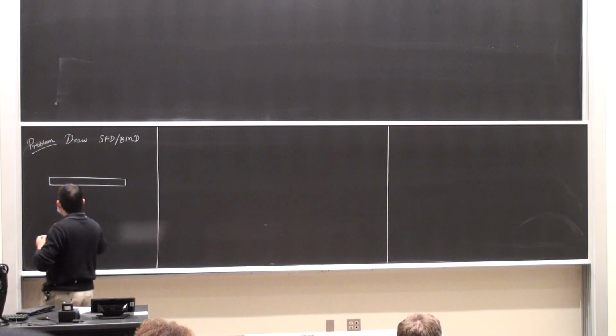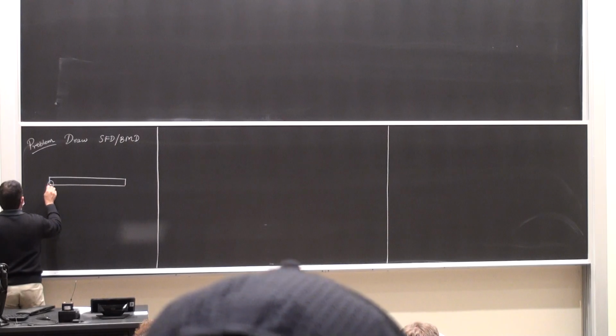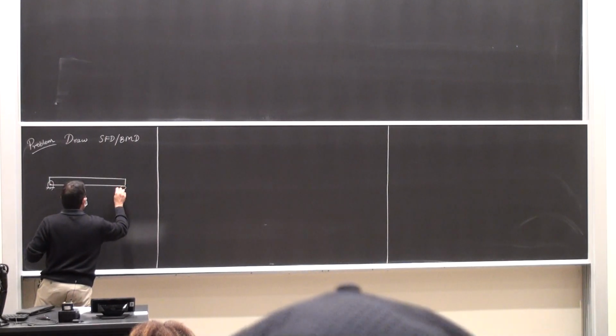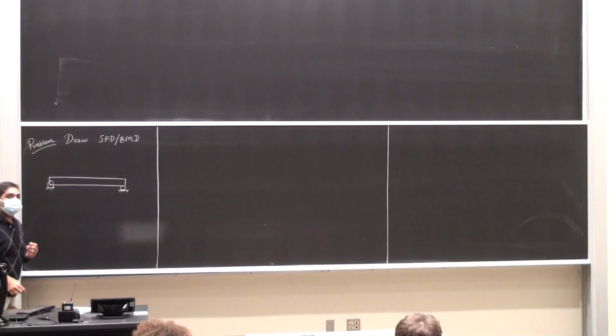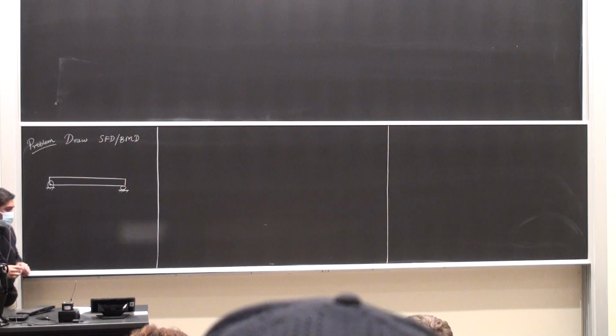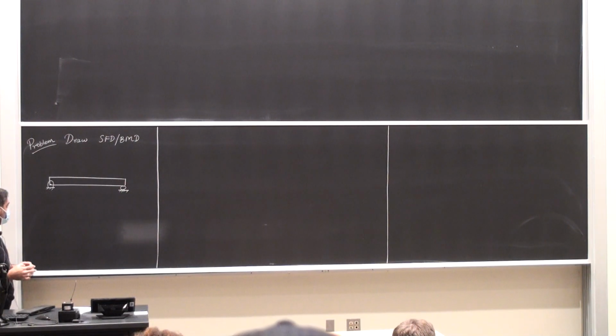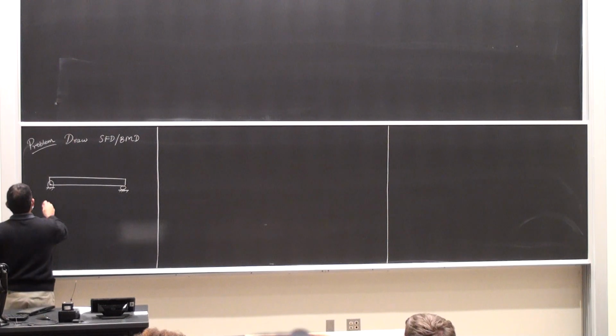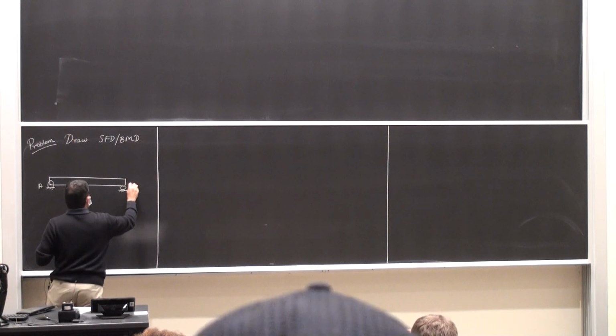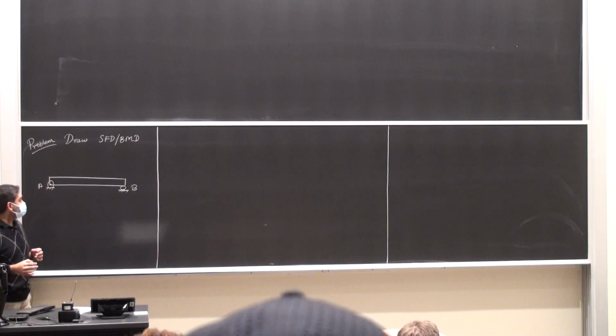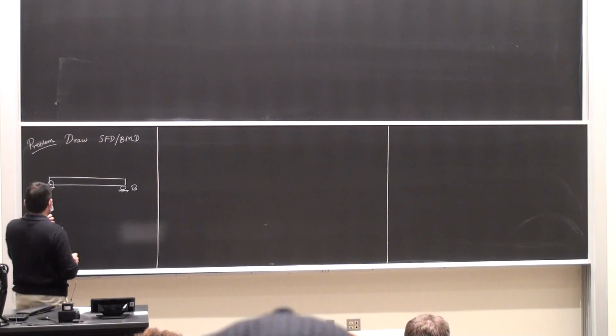Okay? You have this figure in your handout on Carmen. Then I have a distributed loading acting on it. So this is A. B, I have a distributed loading of intensity 100 newtons per meter.